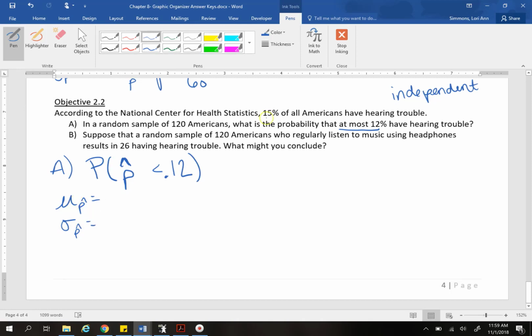So your mean is going to match the proportion, and the standard deviation, you're going to follow the formula up above. So 0.15 times 1 minus 0.15, all divided by 120. So we have 0.032596.